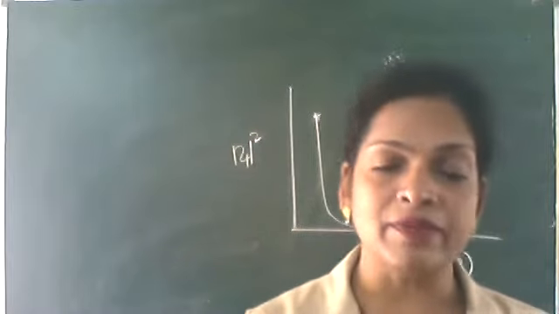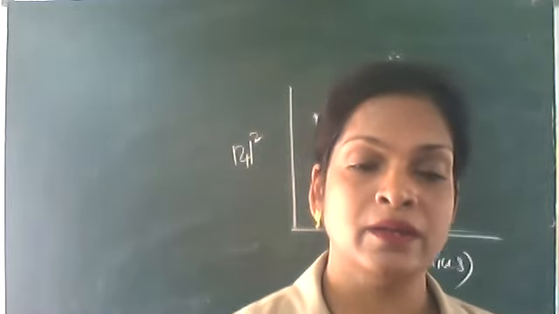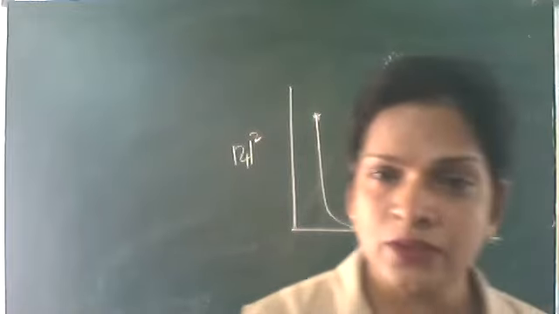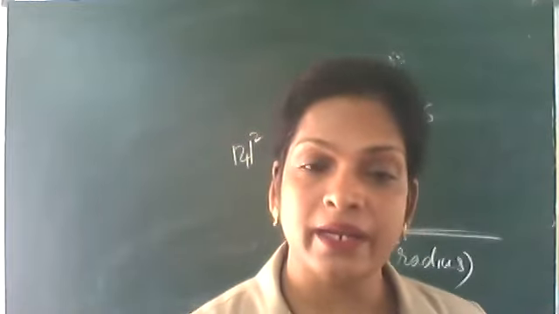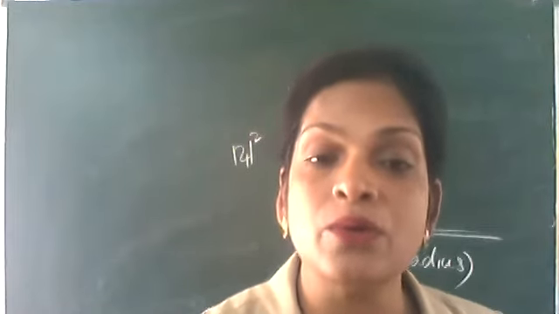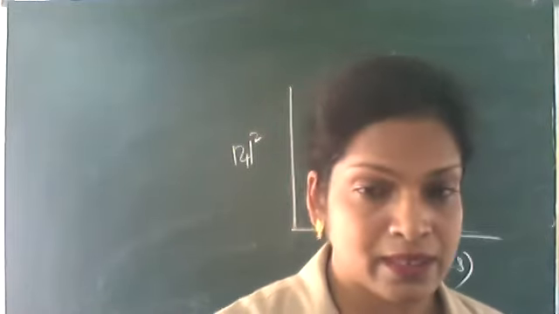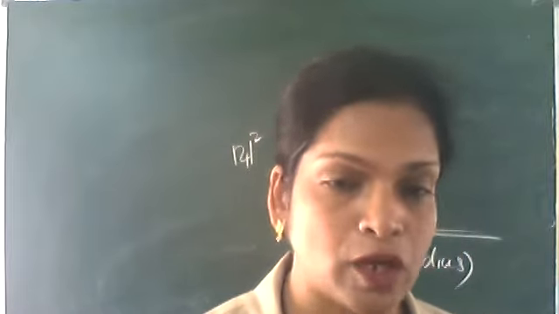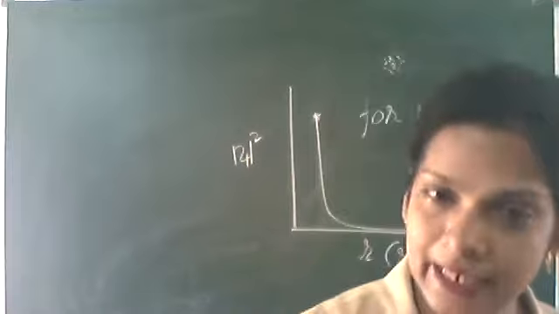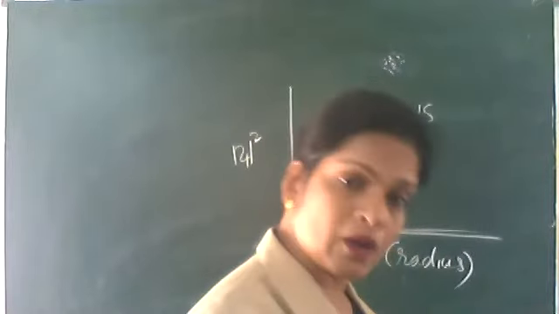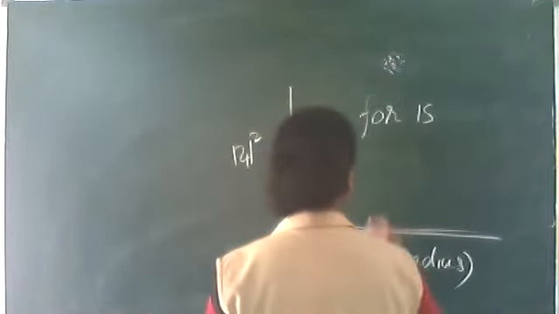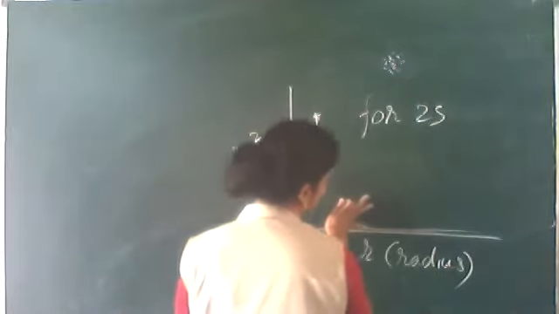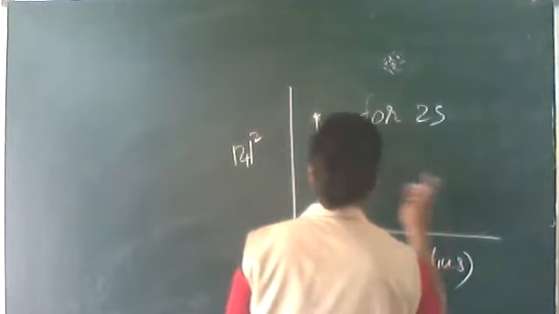Now again we are moving along the radius only. After some time, suppose you get one more maxima. That means that is 2s orbital. So for 2s orbital, 1s is there. Again you are moving along the radius only. For 2s you have to draw it again.